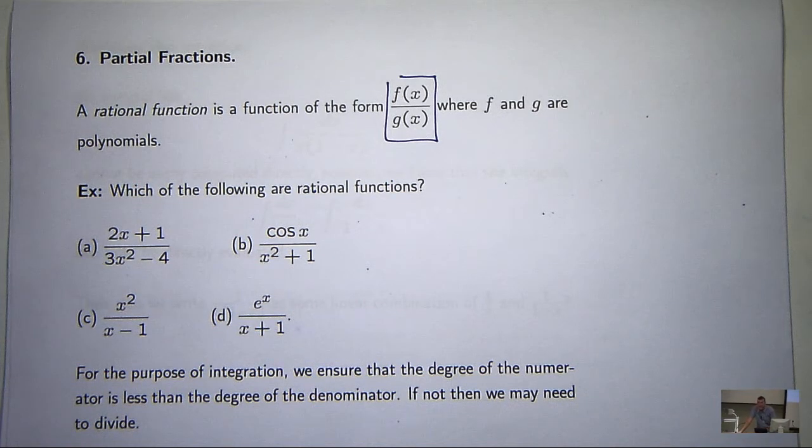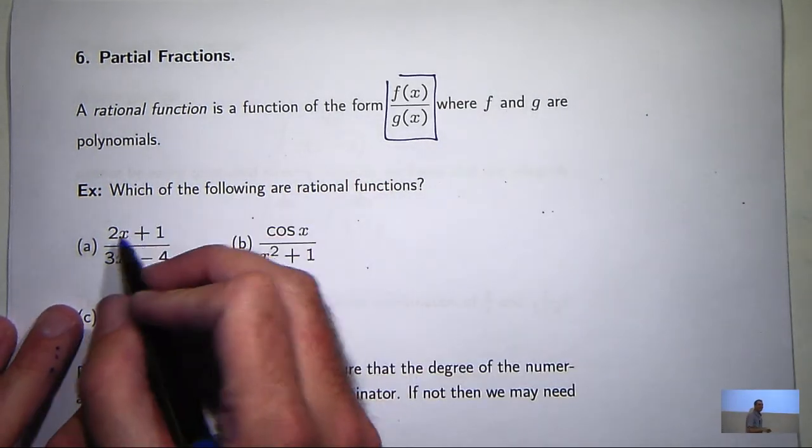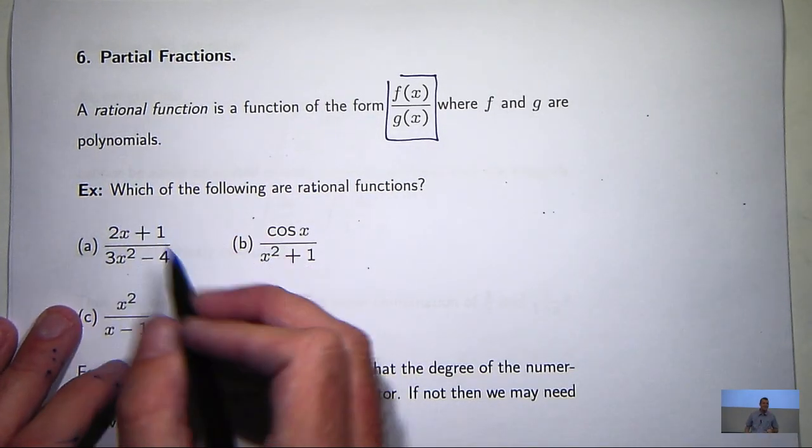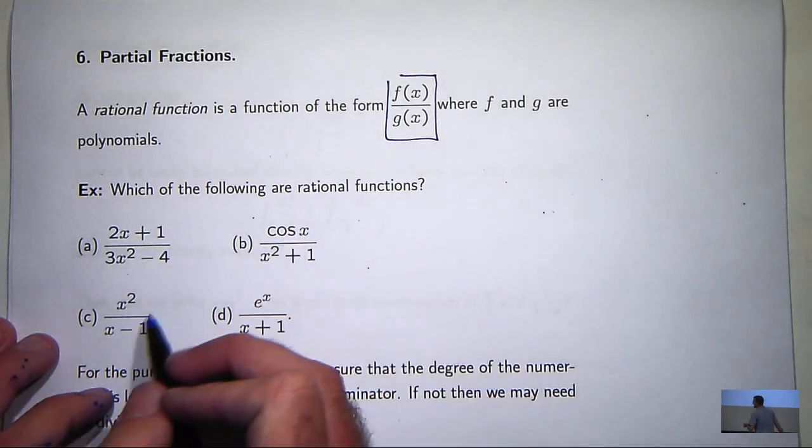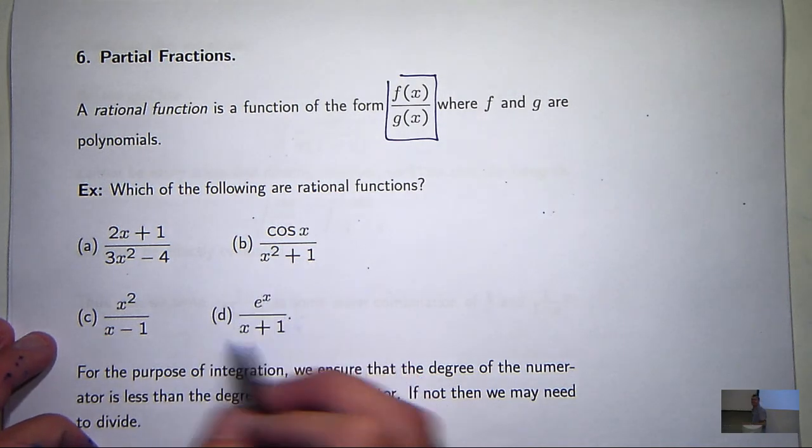They're both polynomials. If we have this polynomial set up, then we can apply a pretty important technique called the method of partial fractions. Essentially, you're given a difficult integral, you apply this method, and it allows you to integrate the problem. So you see we've got a polynomial up here, polynomial down here. That's a rational function. That's not. That is. That's not.